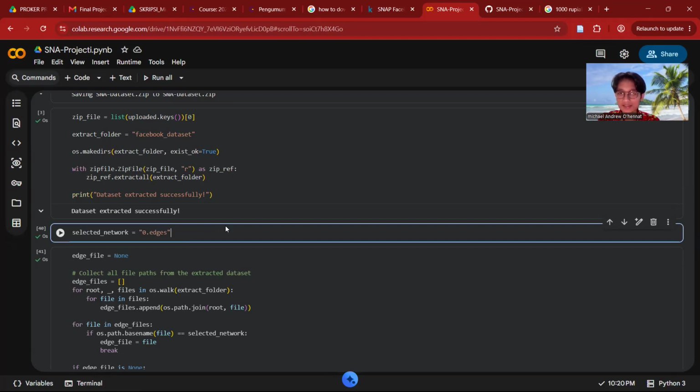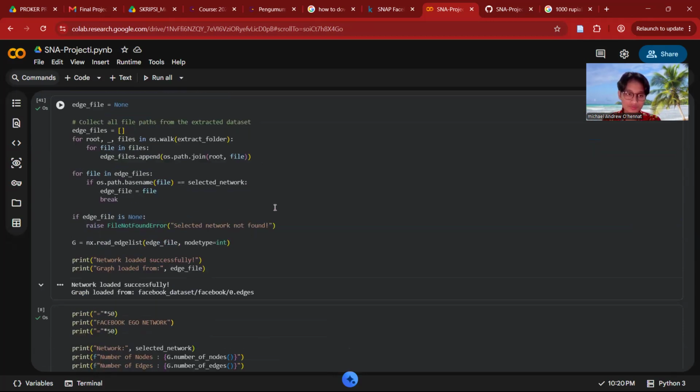In this dataset, there are a lot of individuals, and we can say each individual is an ego. Ego number 0, number 1, and so on, like 1,000, 500, and so on. And for this project, I choose 0H, or we can say ego number 0.